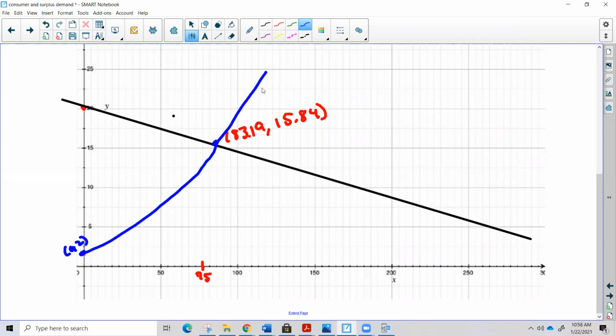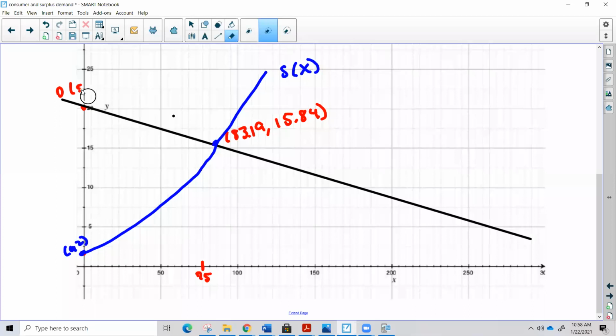Okay, now for my supply curve. You should label both of these. So label it as S of X and D of X. Make sure you label your intersection point. And again, the main points I would just have is what's on the y-axis and then where they intersect.